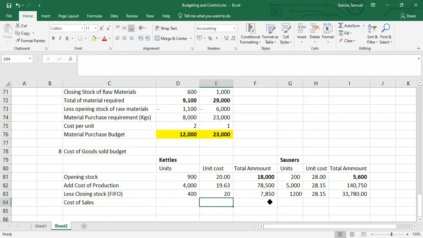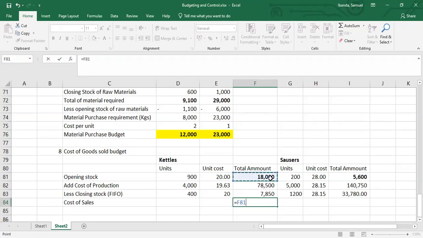Since I'm interested in the units, I can try to just get the units, but the units may not even matter. Let me just go to the value, because this is cost of sales, so it's in terms of value. So I'm going to get 18 plus my cost of production, and then I'll less my closing stock.